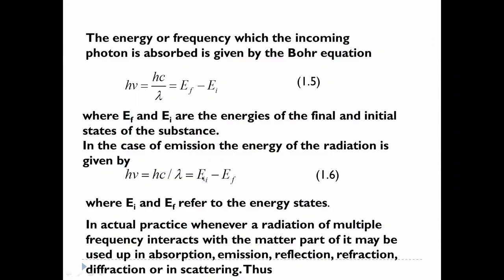In this case, it is the energy of the initial state minus the energy of the final state. Now, when we refer to E_I and E_F, the energy of the final and initial states, if it is emission, the final energy state will be at a lower energy, and if it is absorption, the final energy state would be at a higher energy level. That is the only difference between emission and absorption.